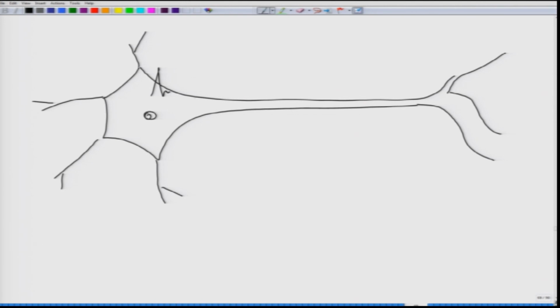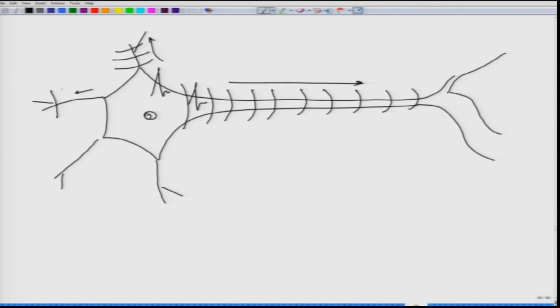These action potentials travel because this disturbance travels like this. It is not the whole cell at one point that becomes like this. They could travel like this, they could even travel in the reverse direction, like this, and like this. But this traveling does not happen significantly.